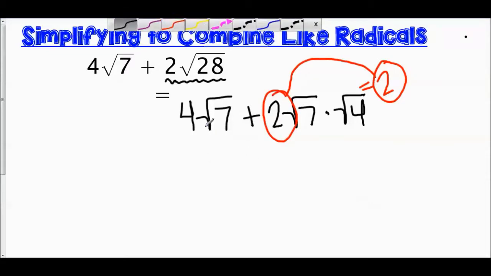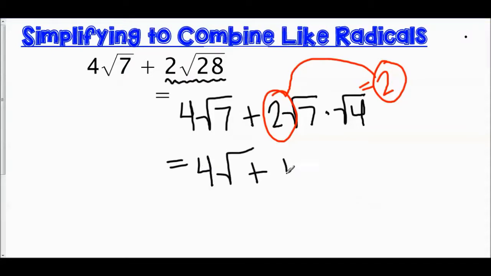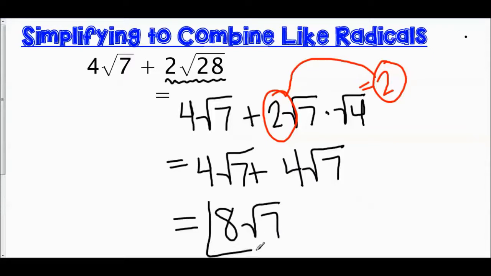Therefore, 2 times the square root of 28 is simplified to 4 times the square root of 7, because the square root of 4 is 2, and 2 times the coefficient 2 is 4. Now I'm ready to combine those like radicals, because that's the adding part of order of operations. I combine their coefficients, 4 and 4 combine to be 8 times the square root of 7.